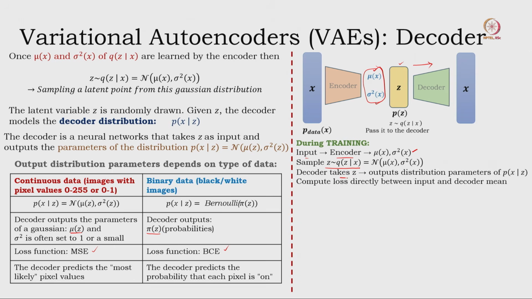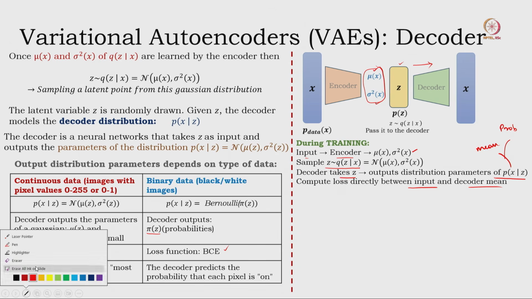The decoder takes this Z as an input, and it is going to give us the output, that is, the distribution parameters of P of x given Z. Now this can be either the mean value or the probability value. That depends on what kind of data is being reconstructed. And towards the end, we compute the loss between the input and the decoder mean. So this is what will happen during training.